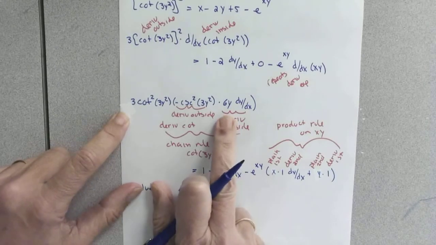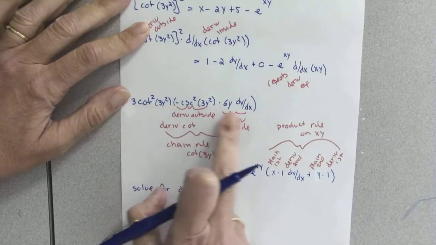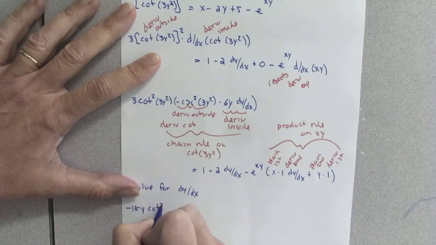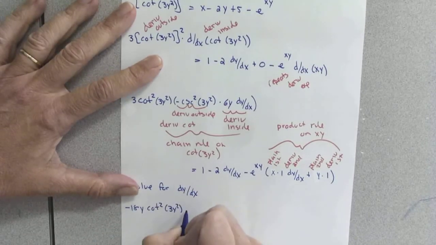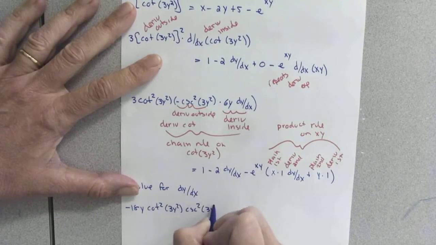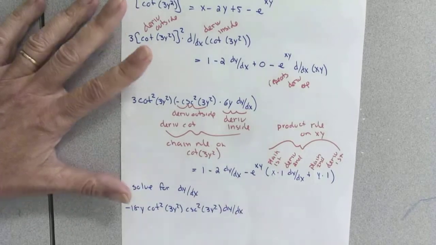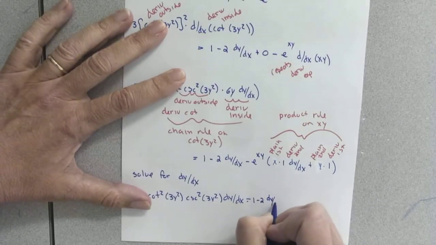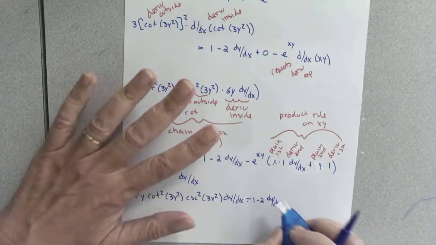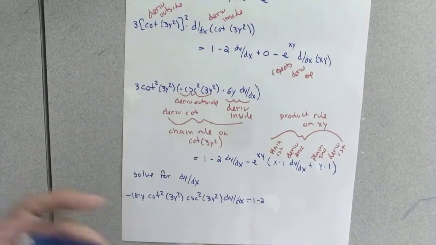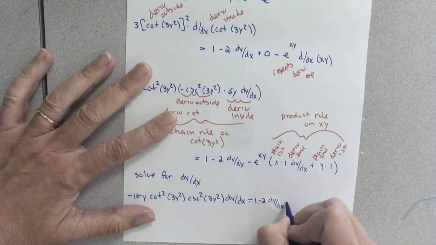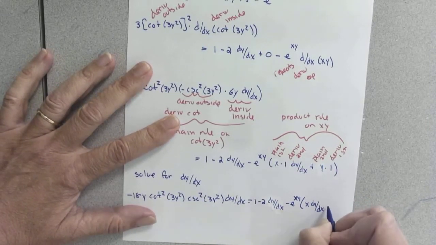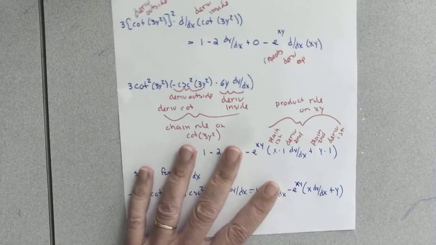So starting here and just cleaning this up a little bit, I have a 3, a negative, and a 6y, for negative 18y cotangent squared 3y squared cosecant squared 3y squared dy dx equals 1 minus 2 dy dx minus e to the xy times x dy dx plus y.